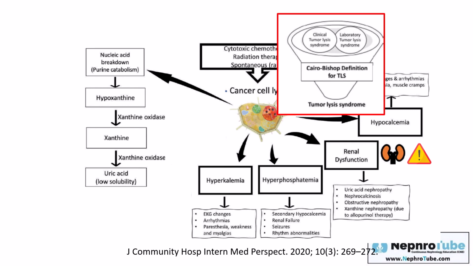Okay. How do we diagnose tumor lysis syndrome? There is a criteria called the Cairo-Bishop definition for tumor lysis syndrome, where the clinical criteria and the laboratory criteria must be present to diagnose tumor lysis syndrome.